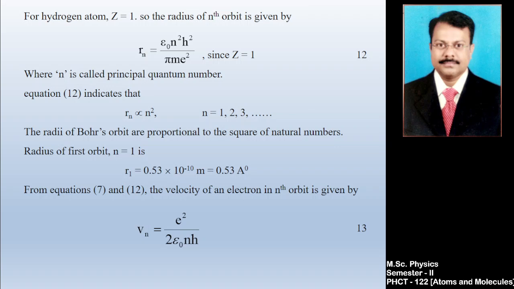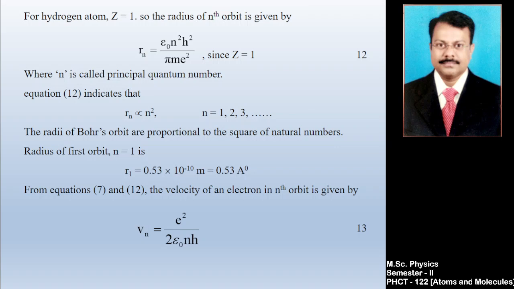From equations 7 and 12, which one is 7? mvr is equal to n into h upon 2 pi, and equation 12 is Rn is equal to epsilon naught n square h square upon pi m e square. The velocity of an electron in the nth orbit is given by v of n is equal to e square upon 2 epsilon naught n into h.